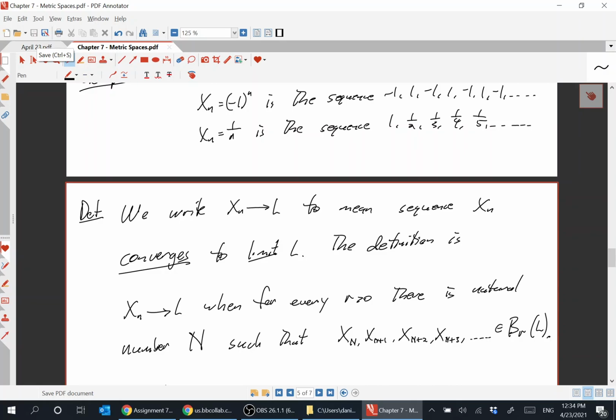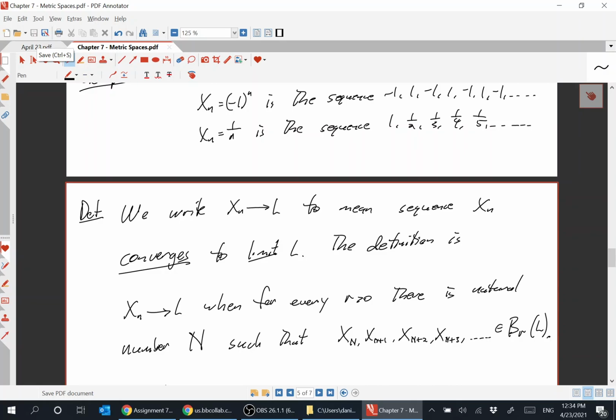Although real variables and propositional logic don't really overlap, so there shouldn't be any confusion. So x_n arrow L means x_n converges to limit L.